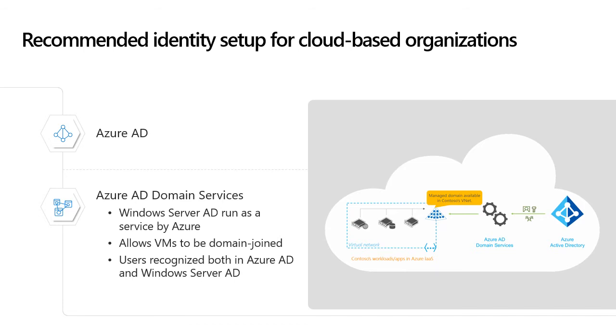It allows the VMs to be domain joined and users recognized both on Azure AD and Windows Server AD. So as you can see here, you don't have an Active Directory server on-prem, but you're actually using Azure AD Domain Services. So this is like your Active Directory server, except that it's a managed service that's running on Azure.